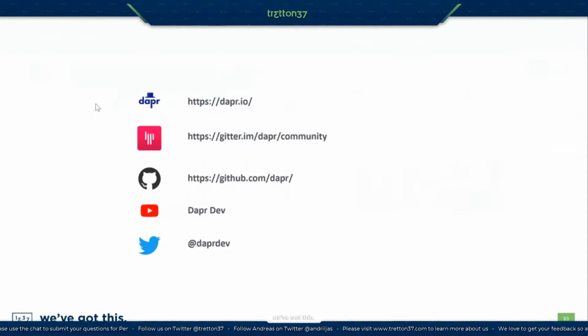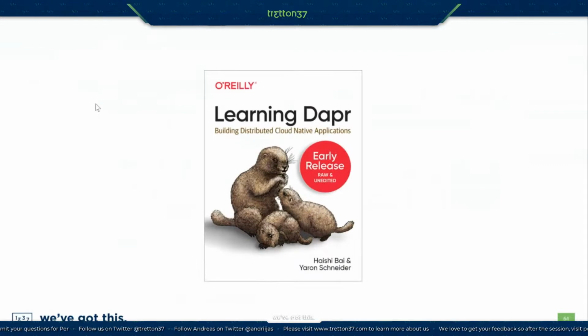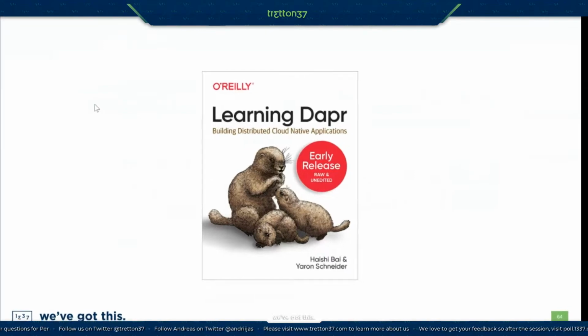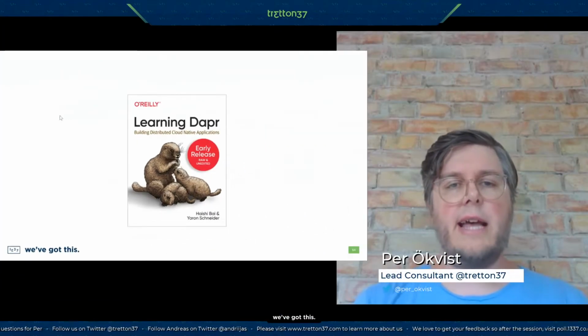I think it's bi-weekly, so go and subscribe to the Dapr dev channel, and there you also find all the Build samples that I mentioned. Of course, also go to Build and see the recorded sessions. You could follow Dapr Dev on Twitter. And there is also a book in the works through O'Reilly, which is in early release. You could have a look at that as well.